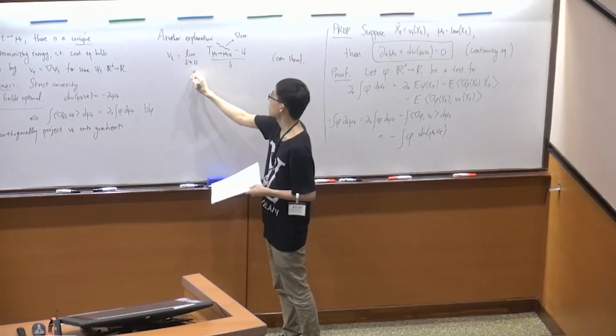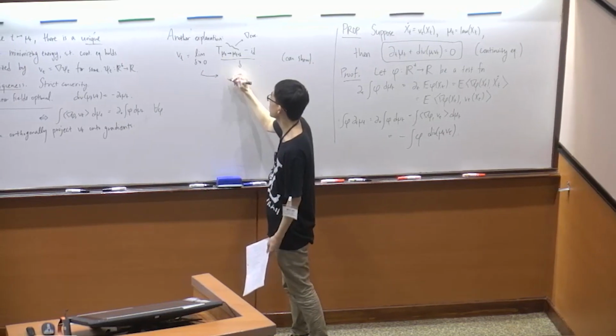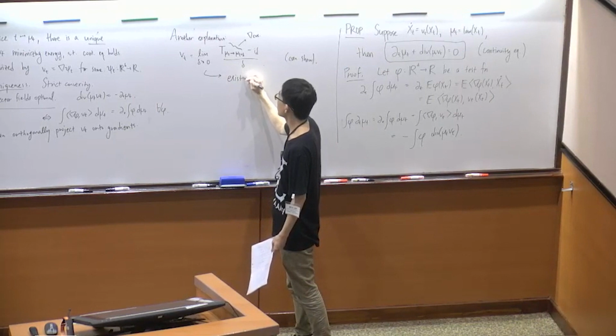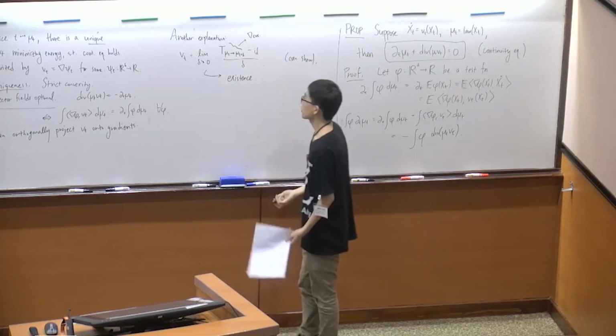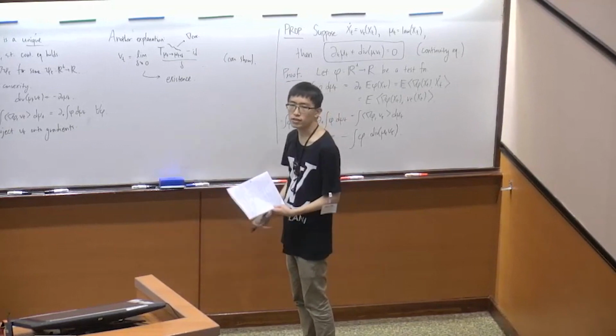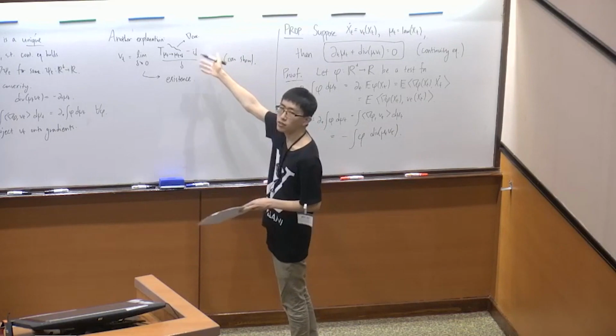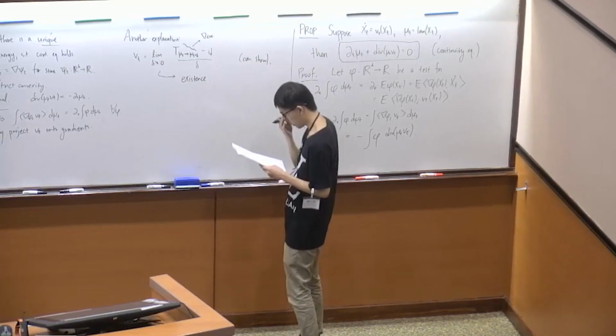This also provides you a way to argue about existence. Why should there exist some Vt that explains these dynamics mu t? Well, this is one way of constructing what this Vt should be.